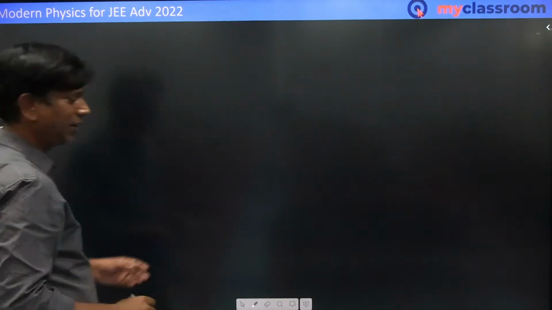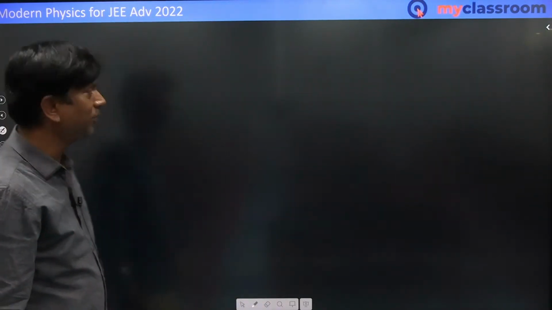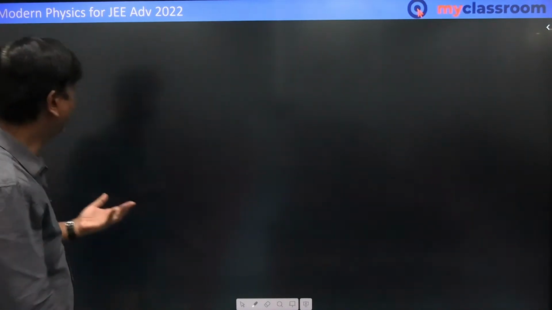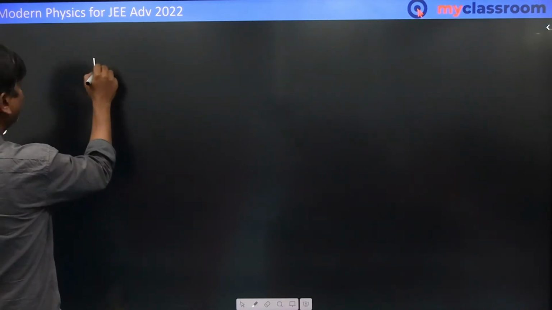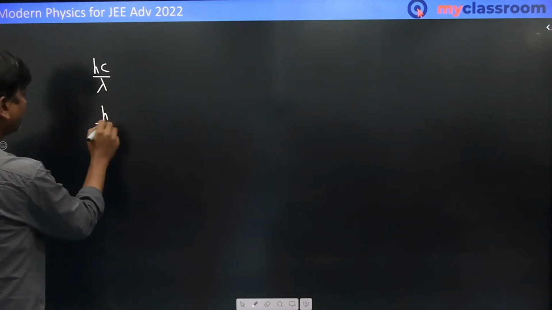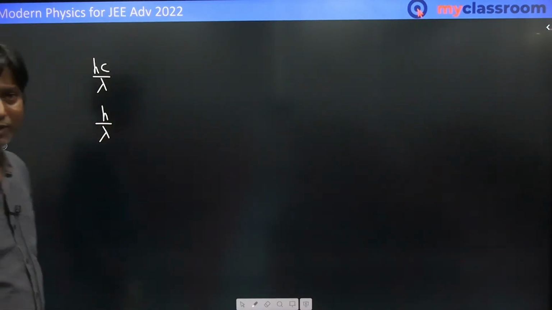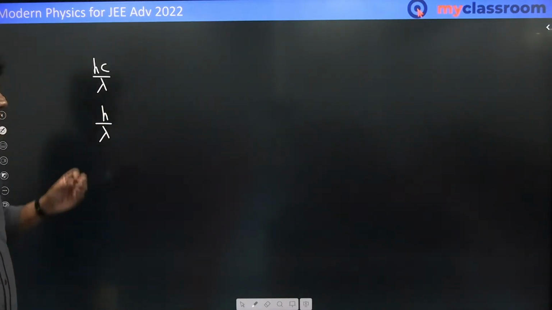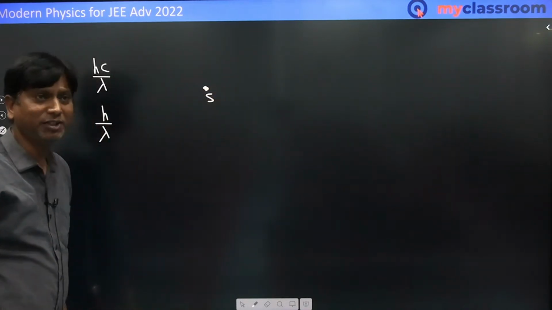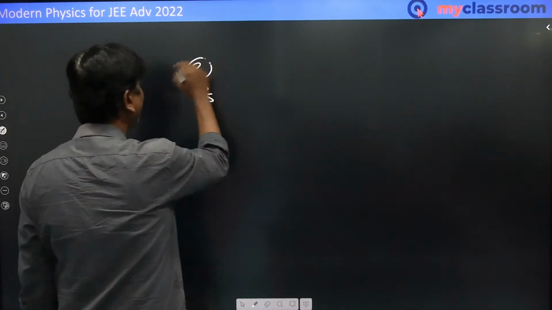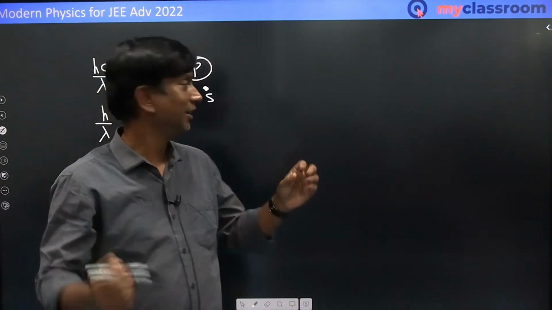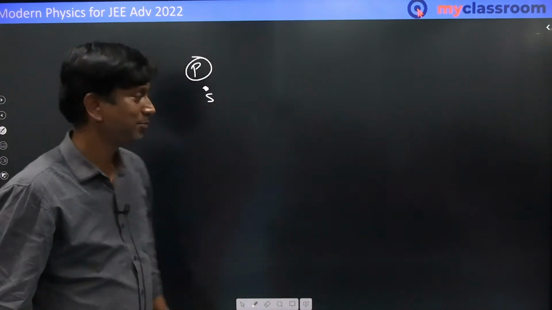Some few concepts before exactly starting the numericals. Every photon you take has an energy of hc by lambda, and a momentum of h by lambda. Whenever there is a source emitting radiation with some power P, the question is how many photons it emits per unit time.